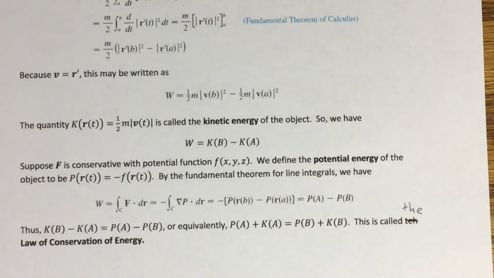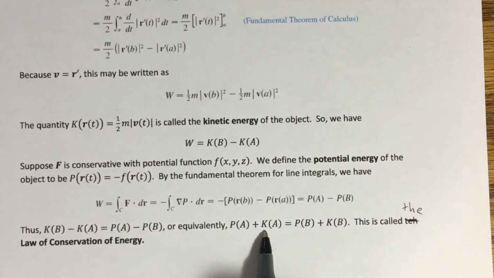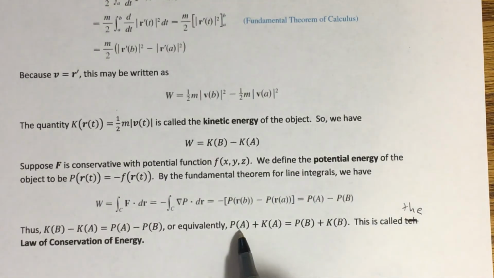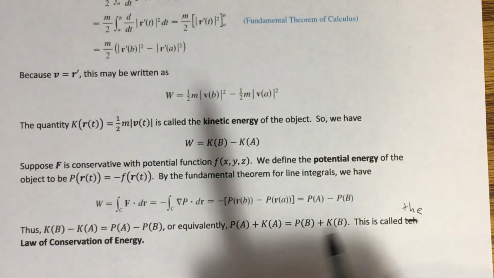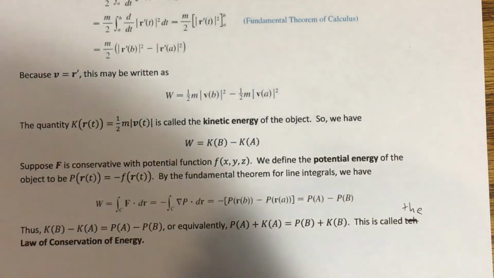What this means is that the sum of the potential and kinetic energy at point A is equal to the sum of the potential and kinetic energy at point B. And we call this the law of conservation of energy because this sum here we usually refer to as the total mechanical energy of an object that's in motion.